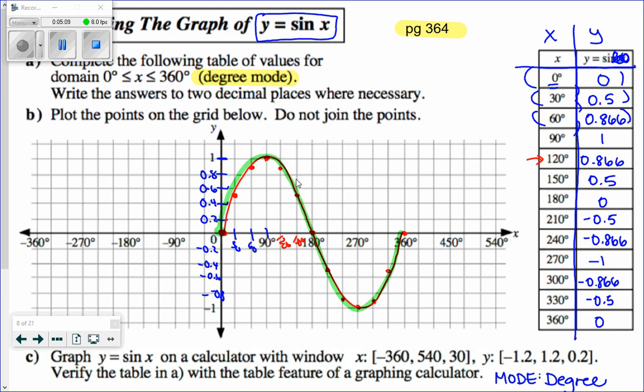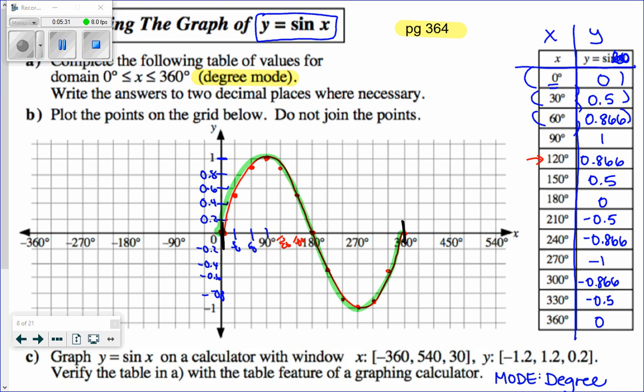Okay? So I'll give you a second to catch up to plot those points. You don't need to know the points. You just need to know the shape. So essentially, all you need to know is that it starts at 0, 0, and it finishes at 360.